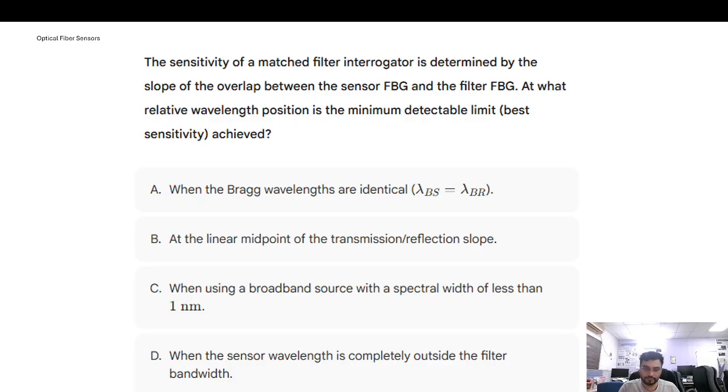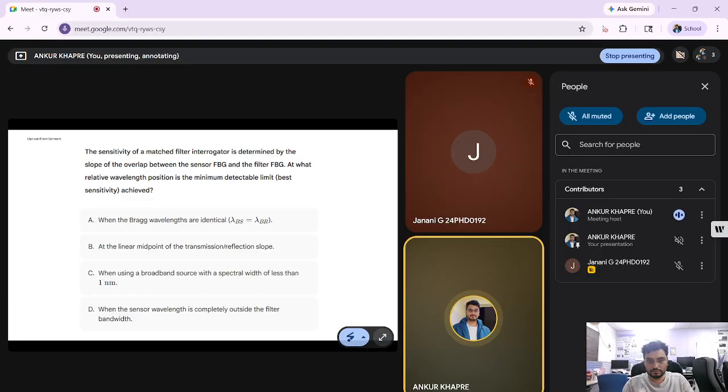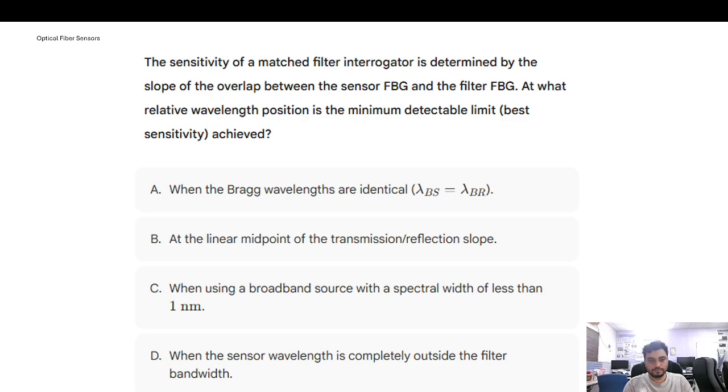Give your answer. Option A, when it is 0, sir. Option B. Option A is 0.